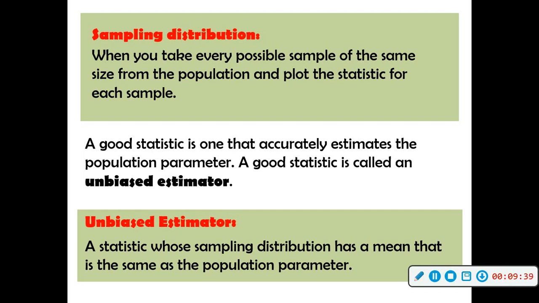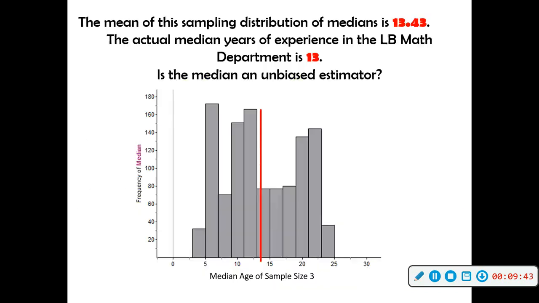So is median an unbiased estimator? Well, let's take the average of that sampling distribution that I created. Remember, these are all medians being plotted, and if I take the average of all possible medians from groups of 3 teachers, that would be 13.43. Well, the actual median years of experience for the Lake Braddock Math Department is 13 years.